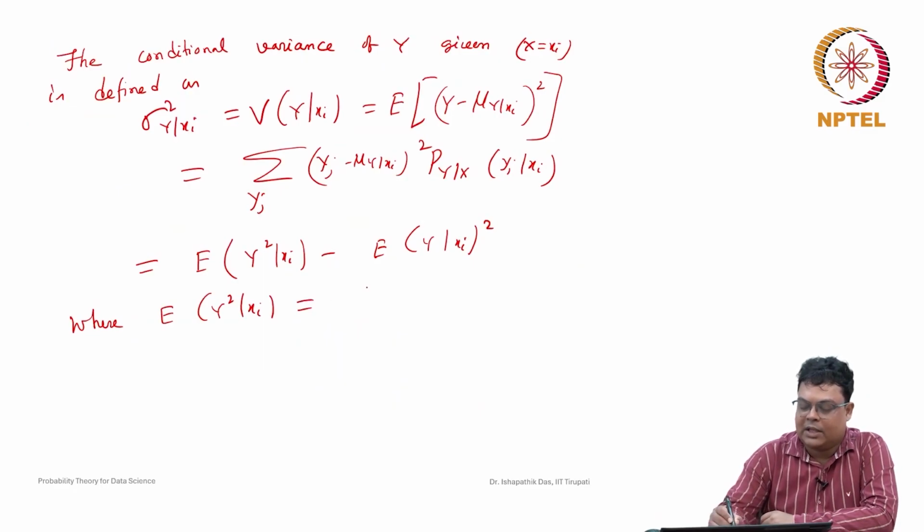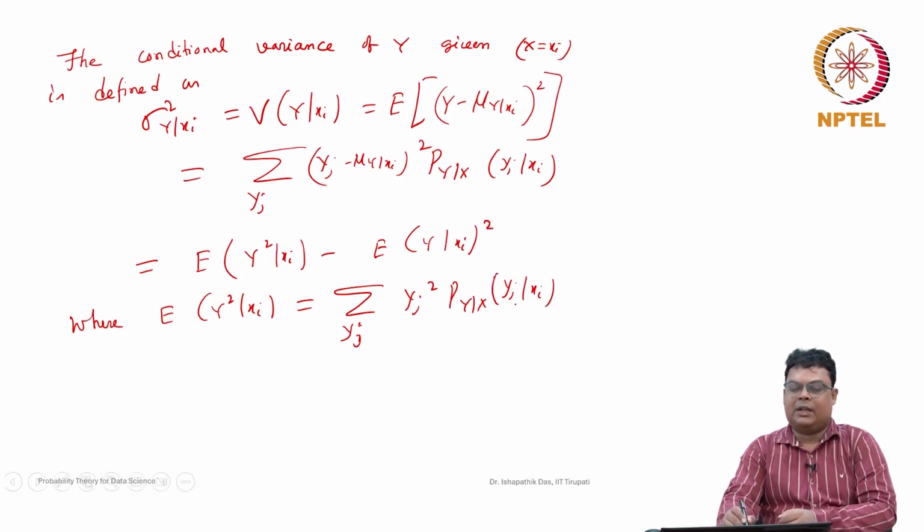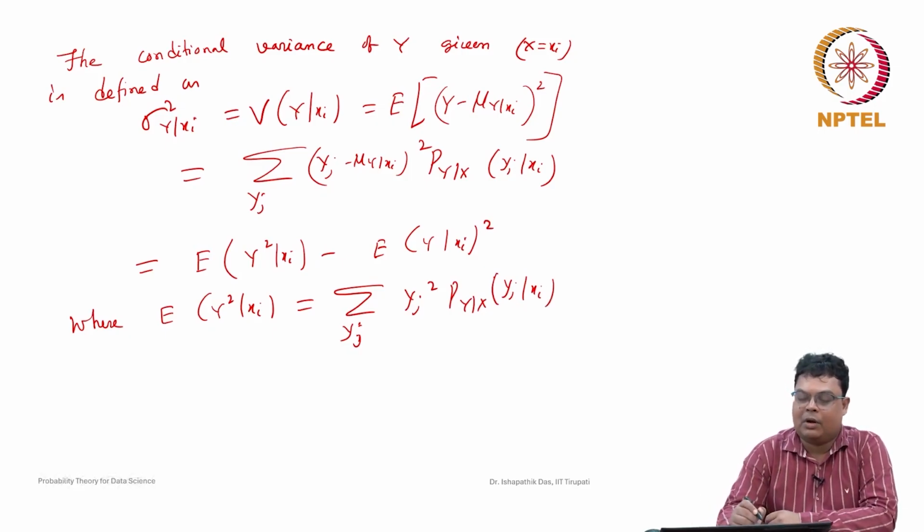This is nothing but the summation over all values of yj of yj squared multiplied by the conditional probability mass function p(yj | xi). So this is the conditional variance of Y given X equal to xi.